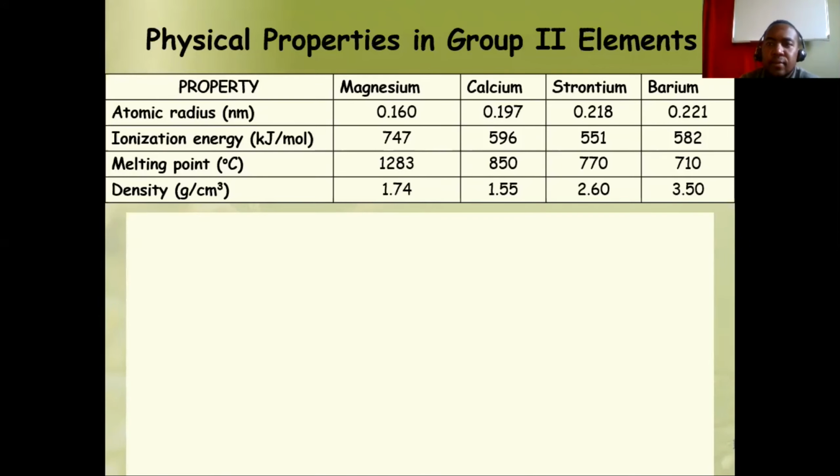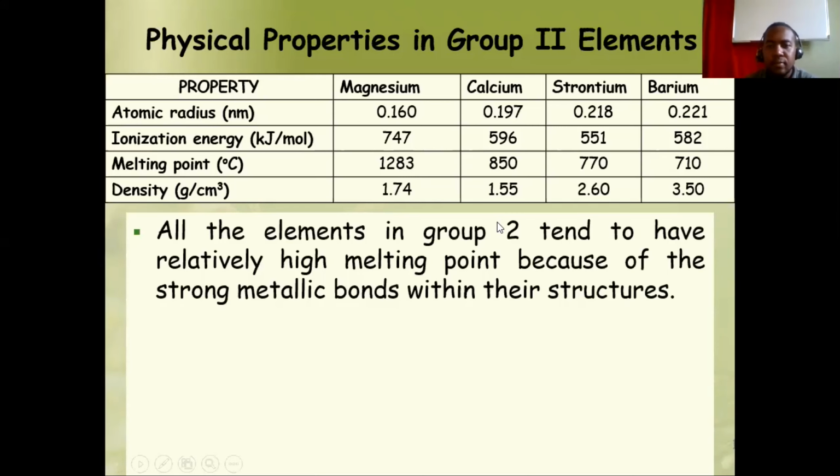Because of the distance of the electrons from the nucleus. So what does the distance have to do with the energy that's needed? The further the electrons are from the nucleus, the smaller the attraction to the nucleus and the lower the energy needed to remove the outer electrons. Very good.